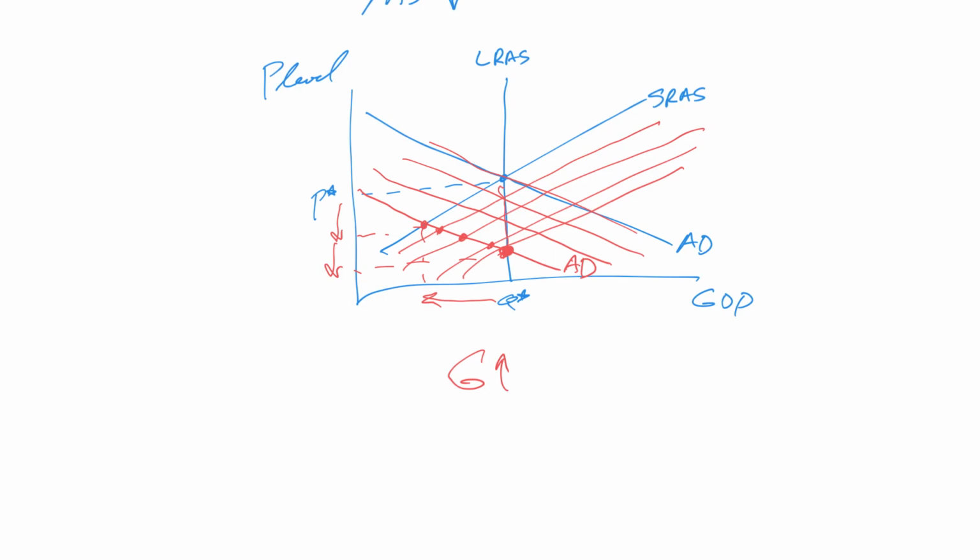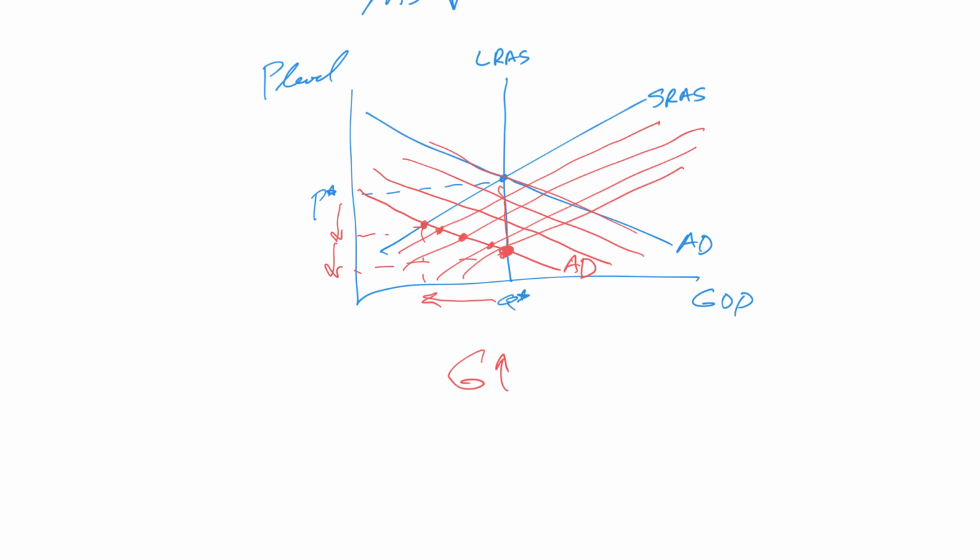They had the foot on the brake, not allowing this downward shift of the short-run aggregate supply curve, and then they had a foot on the gas with this increase in government spending, but it was not nearly on the level that Keynes advocated. Keynes thought it should be a lot more, and apparently that was the case.